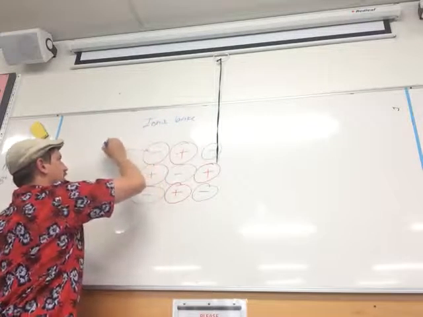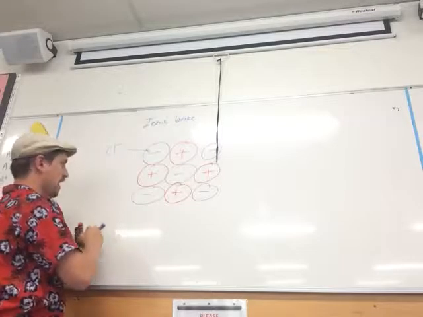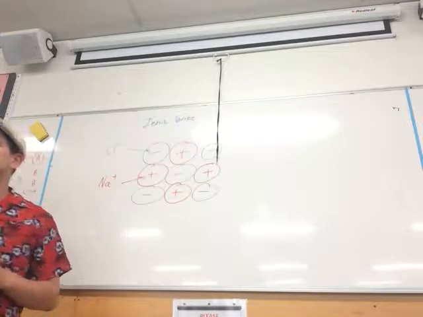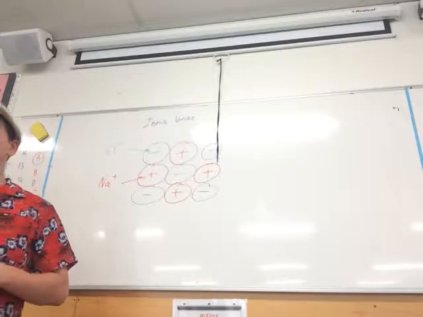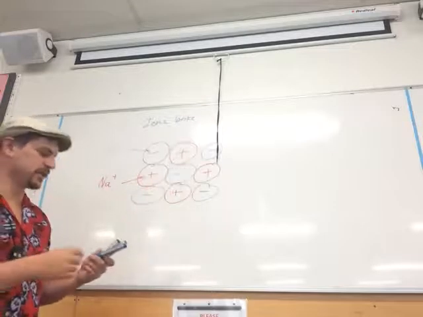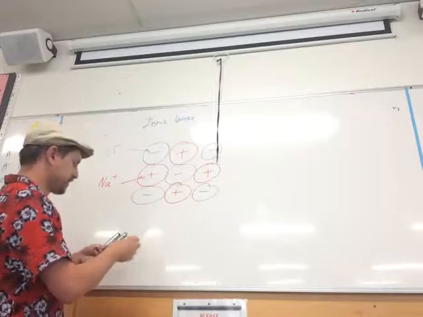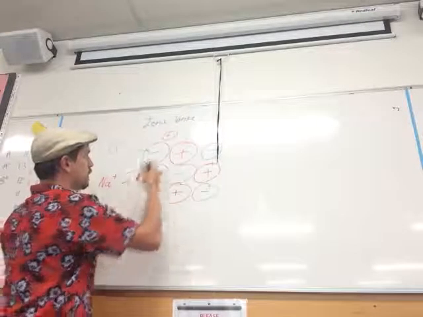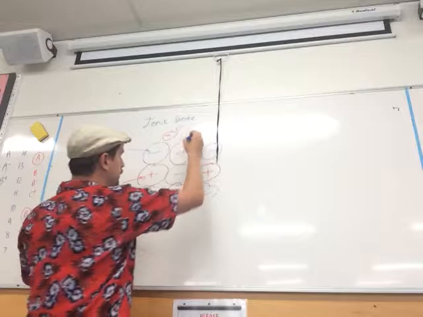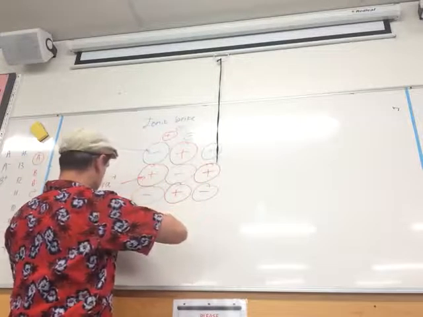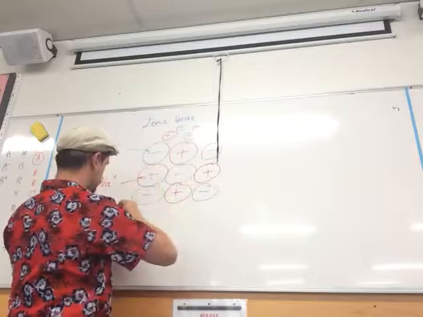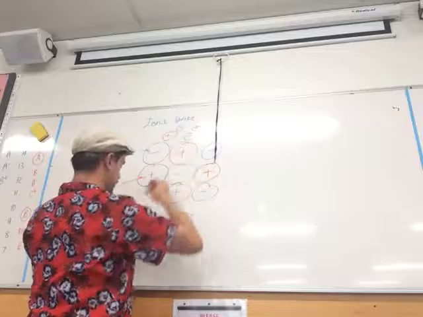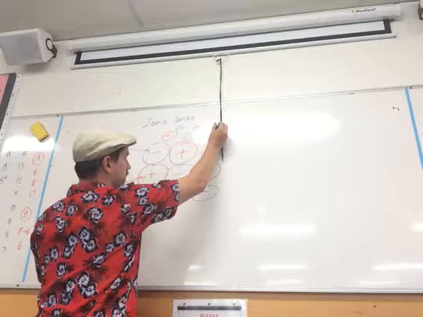You have chloride ions and you have sodium ions arranging themselves like so. If you imagine those particles, they arrange themselves like so. And this is also three-dimensional. So at the back here, you'll have plus, and over here, a minus. Trying to be 3D.